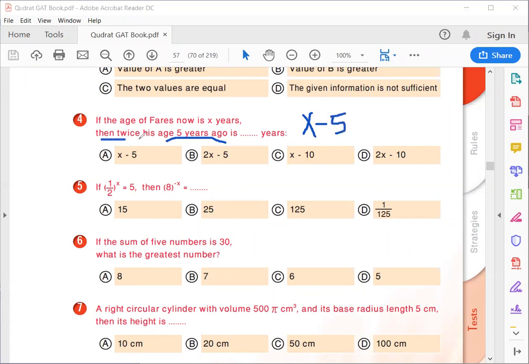Then twice, you multiply by 2 because he said twice.